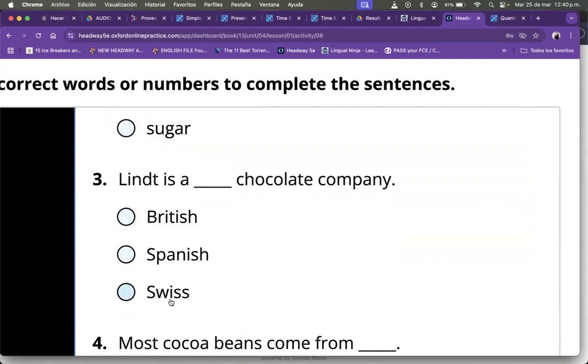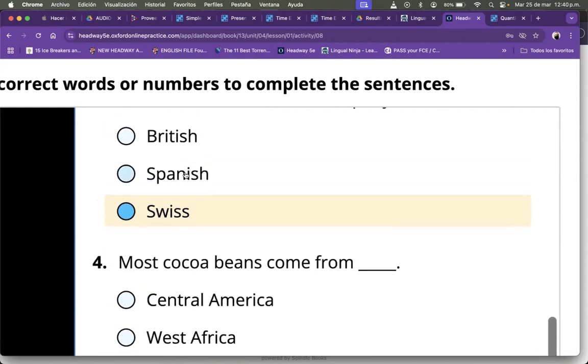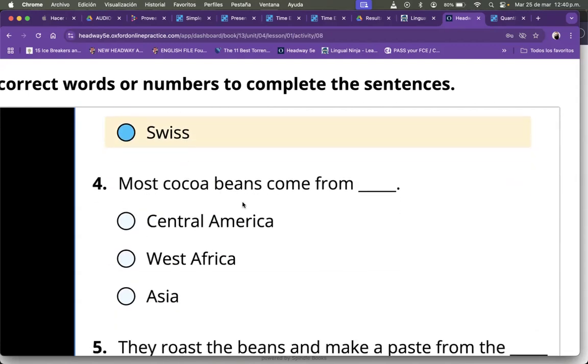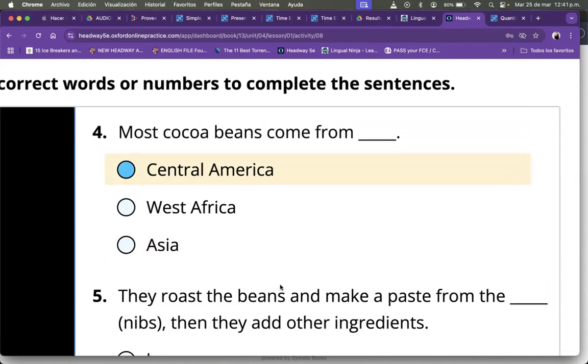Is it British, Spanish, or Swiss? Swiss. Have you tried this brand? No, I have not. You should, because it's one of the best. Most cocoa beans come from Central America, West Africa, or Asia? Central America. Central America, okay.